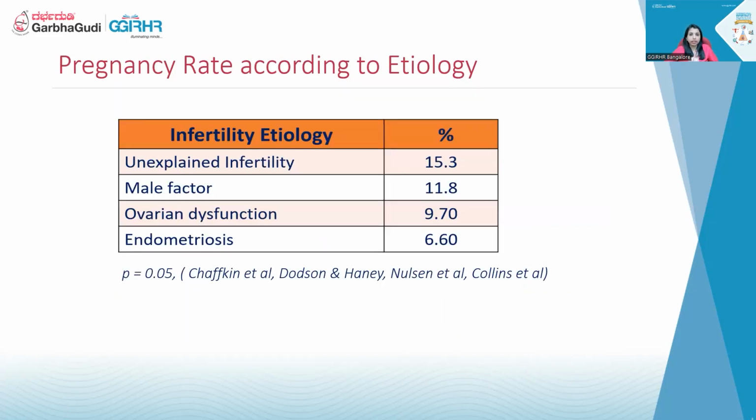As far as the IUI pregnancy rates and the etiology of infertility are concerned, the best success rates, as I said, are with anovulatory patients and patients with azoospermia undergoing donor insemination, followed by 15% success rates in unexplained infertility. The success rates are least in endometriotic patients, where IUI success rates can be 6%, and this is true only for patients with minimal to mild endometriosis and not for moderate and severe.